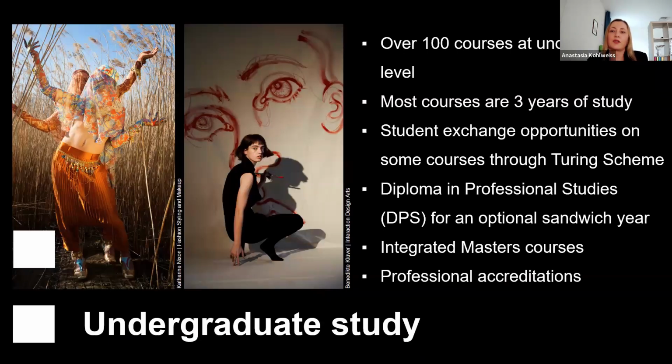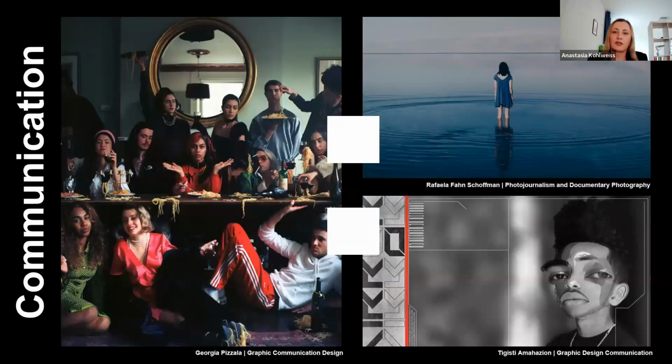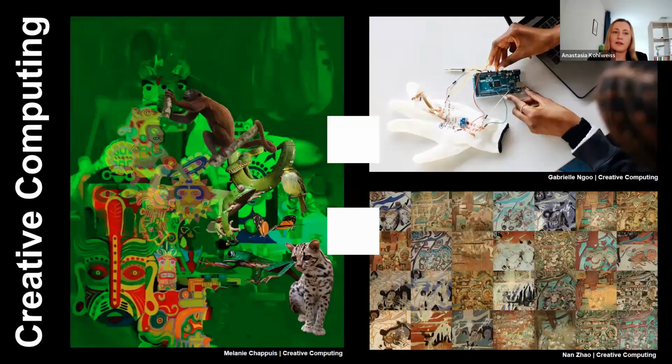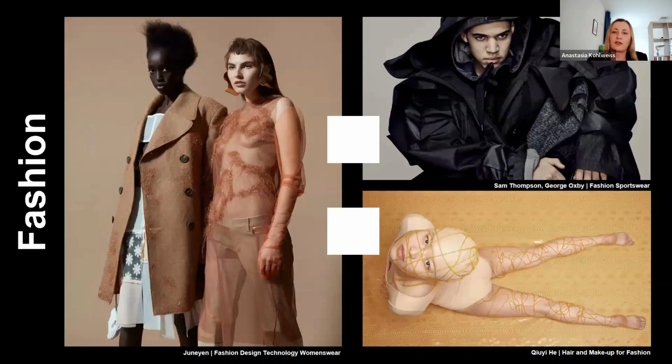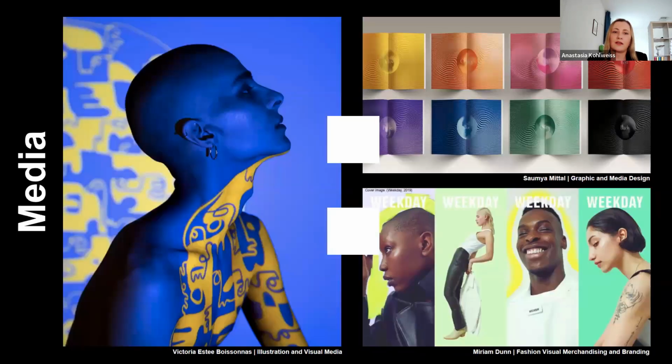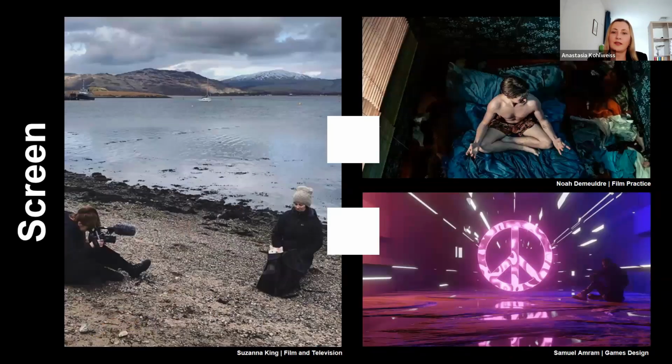The study areas. There are over 100 courses at undergraduate level. They are in all various visual arts and design areas, such as art, communication, computing, design, fashion, media, performing arts, screen.